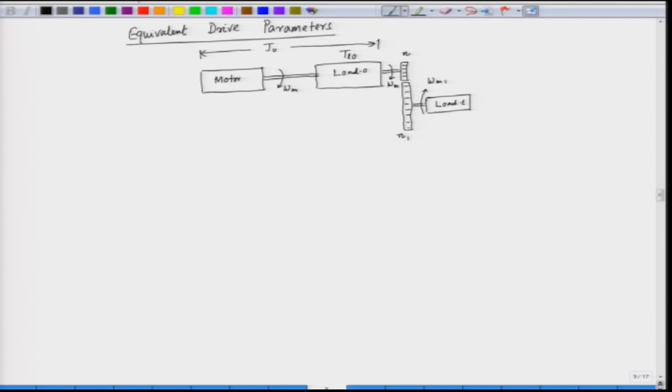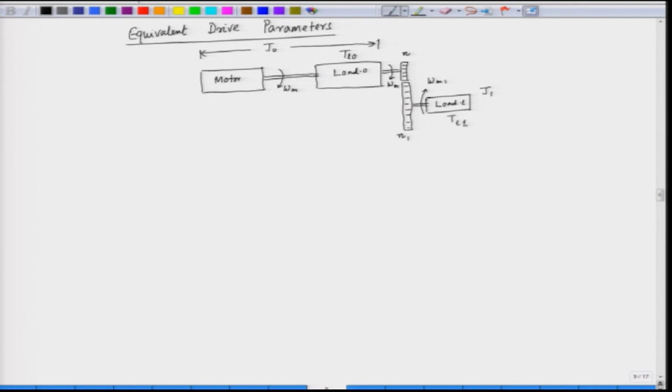That is why the load 1 speed is different from the motor speed. The inertia of load 1 is J1, and the torque offered by load 1 is the load torque TL1.